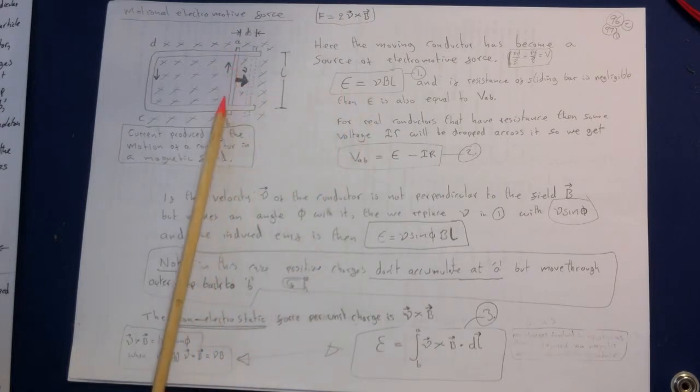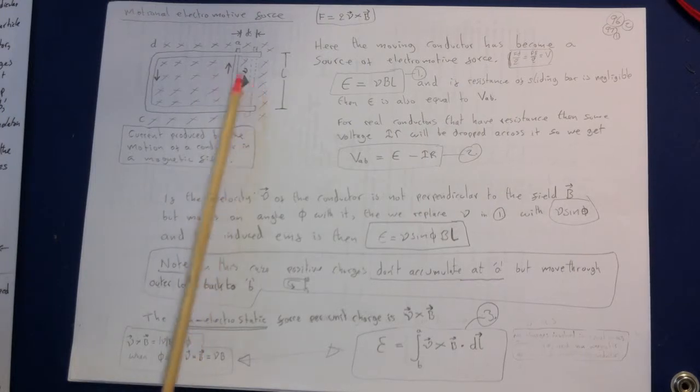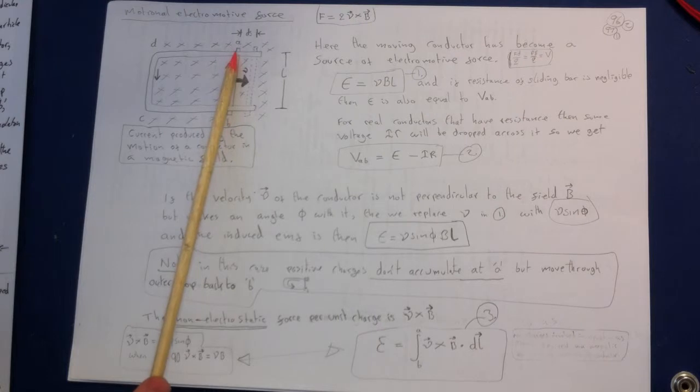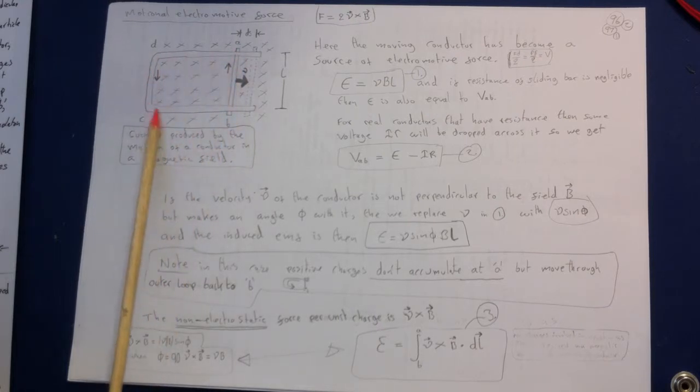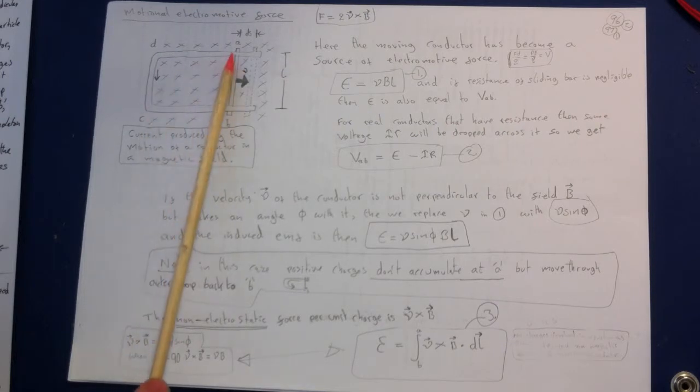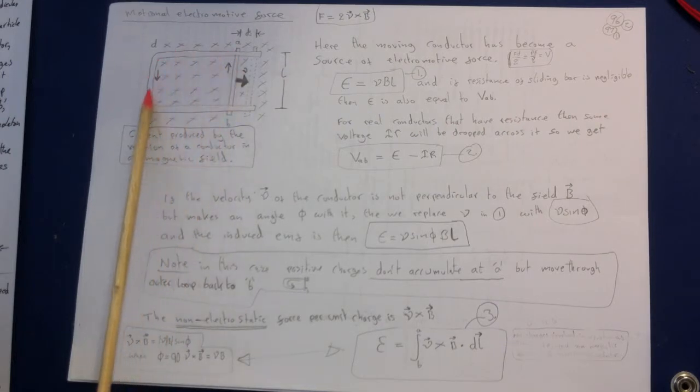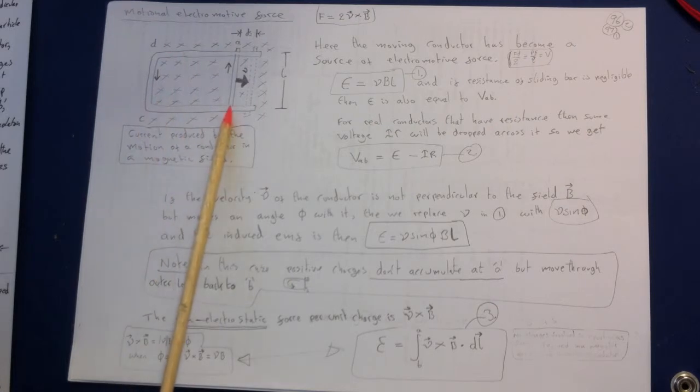It's the electromotive force, and this is very much like a battery now. With this moving, we're pushing positive charges up in this direction, and when there's this imbalance of positive charge, they're going to move in this outer circuit. So this is like the terminals of a battery, and when the charges come back here, they're pushed up by this movement again. That's like the chemical reaction in a battery.